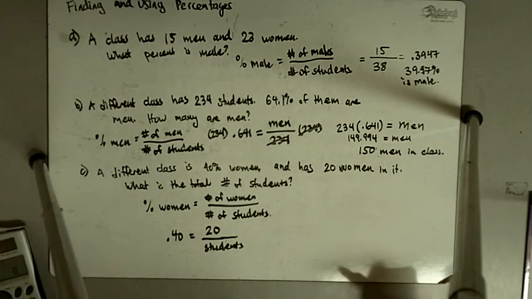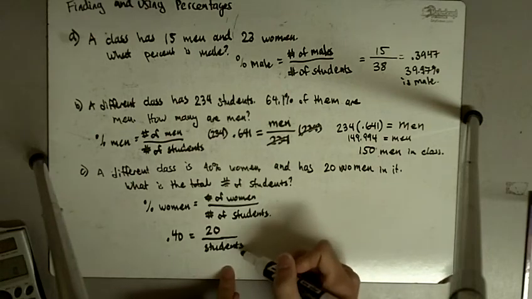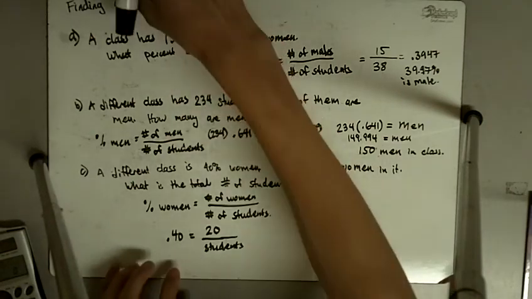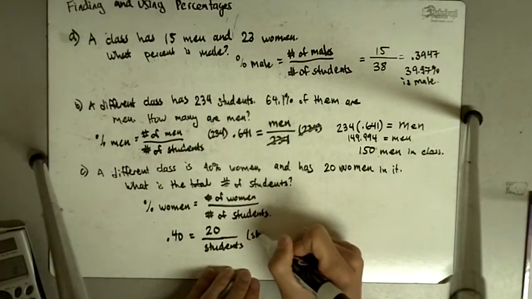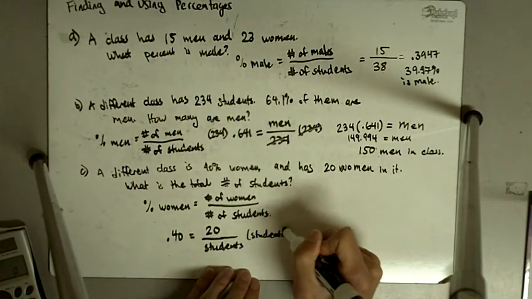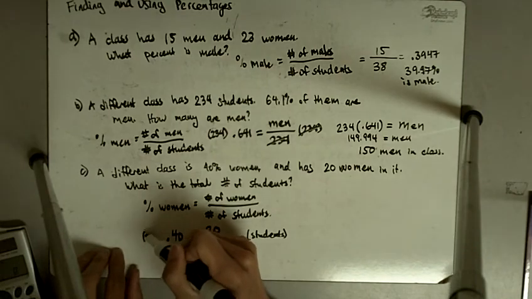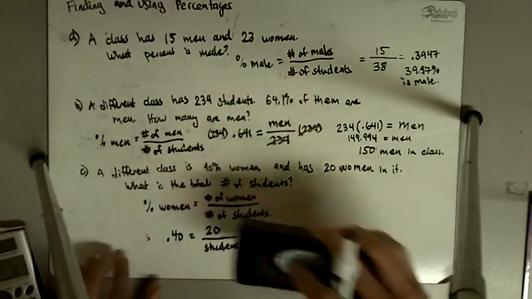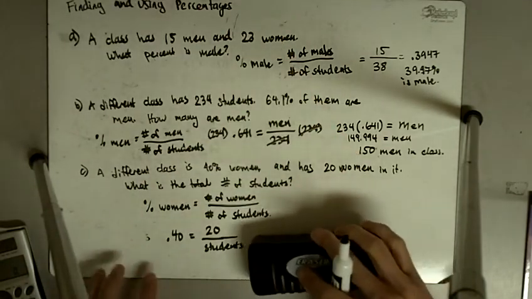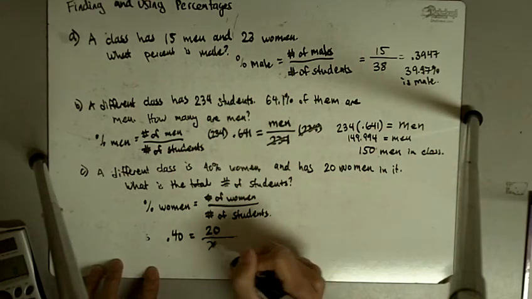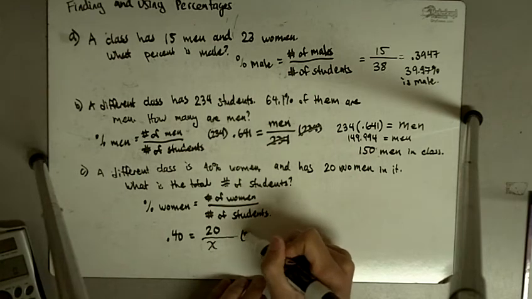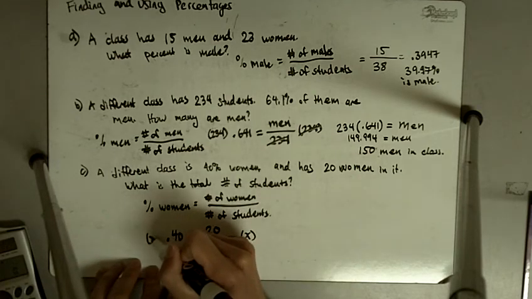Okay, and so I have to solve for students, so we'll just leave it as students. So I'm going to just multiply both sides by this imaginary number, students. Okay, if it's easier, maybe let me just change the number of students to x. Maybe it'll be easier if we work with the letter x here. Okay, so if I multiply both sides by x, the x's cancel.